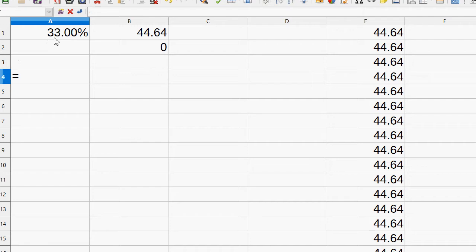We're going to take equals, say this is E600, and that number would be 44.64, and I want to multiply it by 1.33, which would be 1 plus this. No, that's not even right. Equals E600 multiply 1.33.